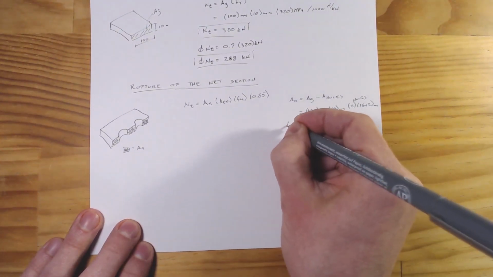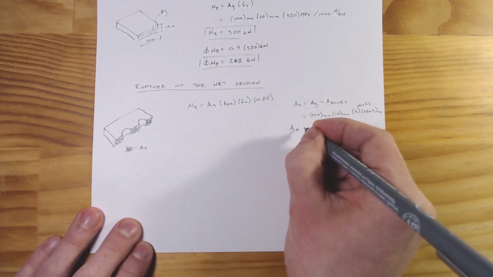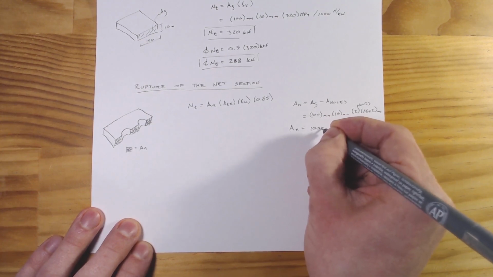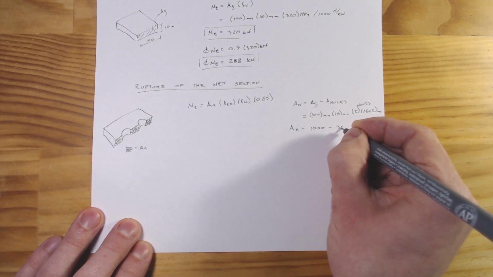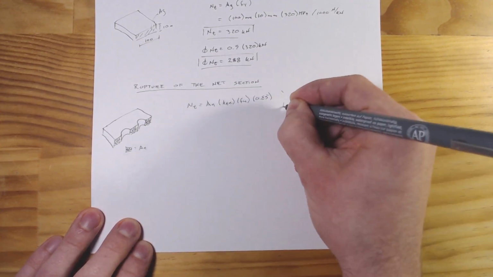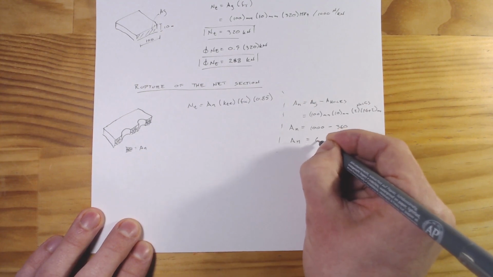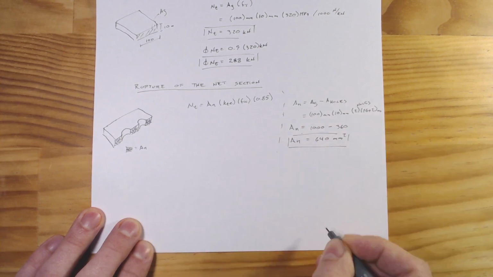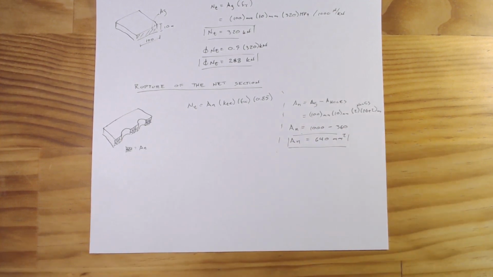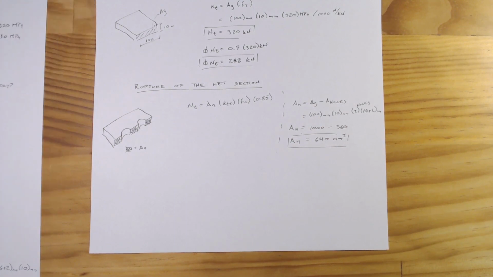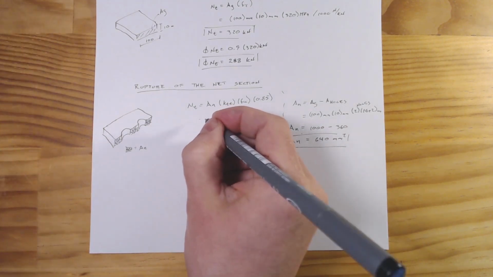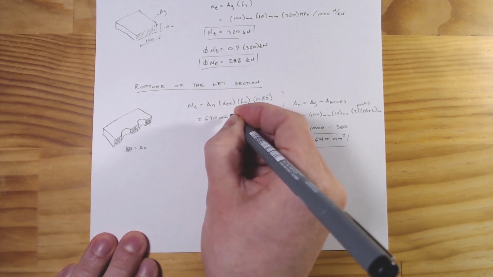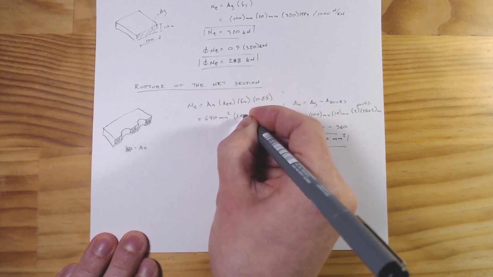And so that gives us a net area equal to 1,000 minus 360, An equals 640 millimeters squared. We need to plug that into this equation. So we get 640 millimeters squared times 1.0.